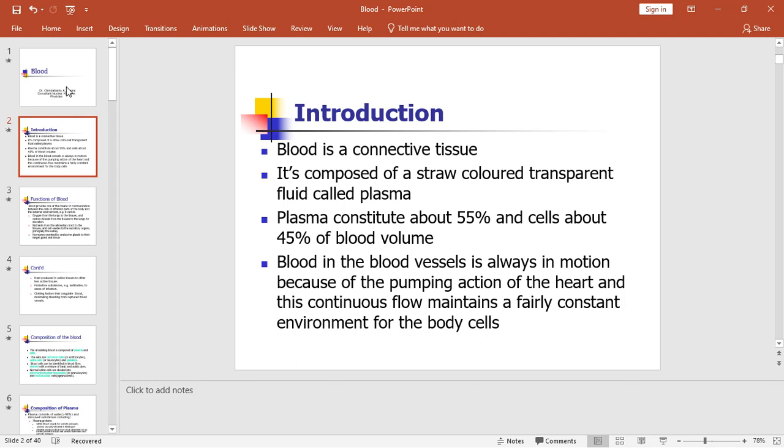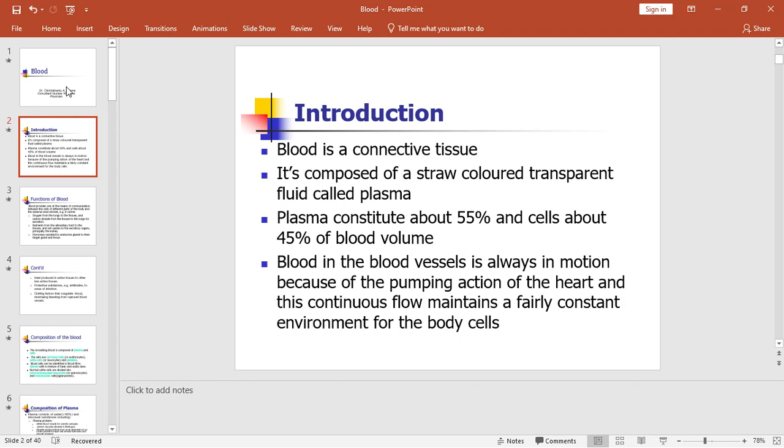I'm sure you also know that this blood is very important for the body in that it helps to keep a constant environment, the homeostasis that we always talked about. How does it do that? By making sure that the various types of cells in the body are supplied with the nutrients they need to continue performing their normal functions.